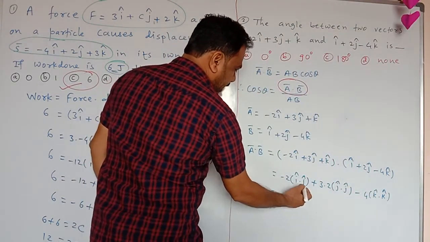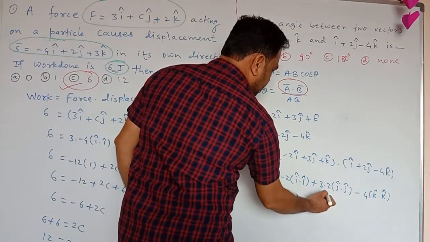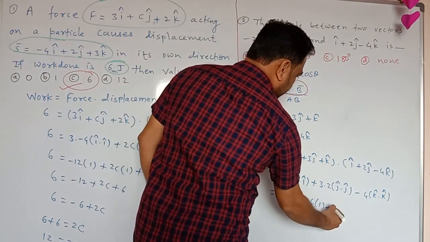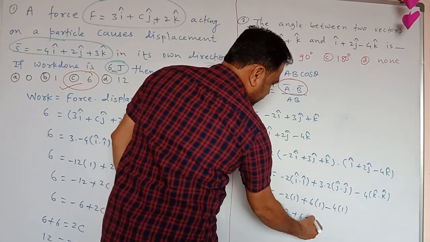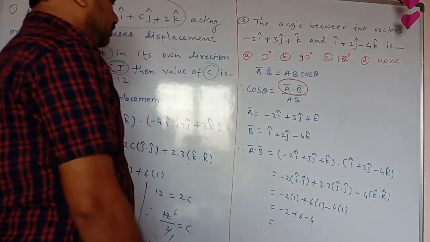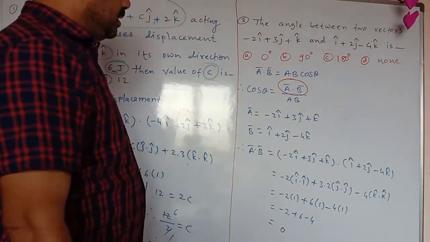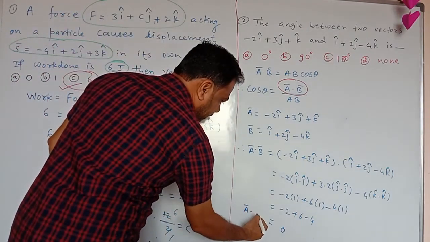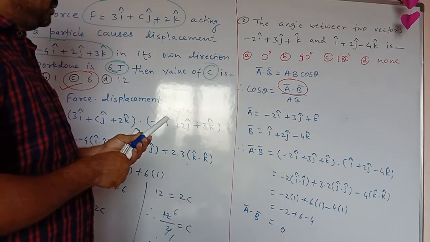So minus 2 i cap dot i cap, the value of it is 1, plus 6 j cap dot j cap, again the value is 1, minus 4 k cap dot k cap, that is 1. So minus 2 plus 6 minus 4 becomes 0. Okay. So what is the value of vector A dot vector B? Vector A dot vector B is equal to 0.